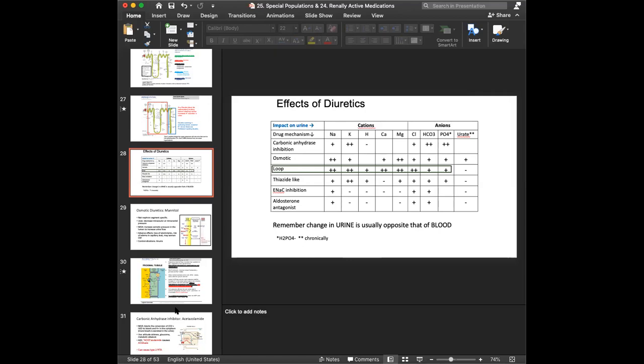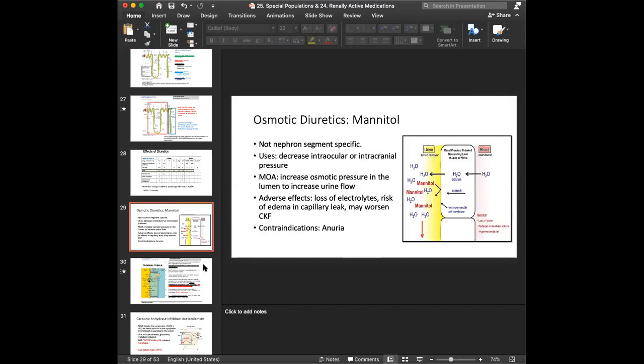If we look at loops right here, we're getting rid of sodium, potassium, hydrogen ion, calcium, magnesium, chloride, a little bicarb, and phosphate. So pretty much everything.